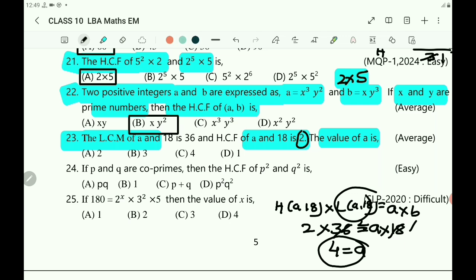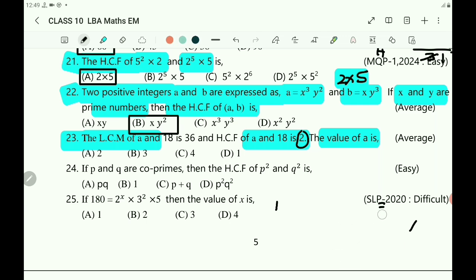Then write the value of A, that is option C is the answer. So first option is A, 2, that is not an answer. Option B, 3 is not an answer. Option C, 4 is the answer what we got, and option D, 1 is there. So the value of A is 4, that is option C is the answer.